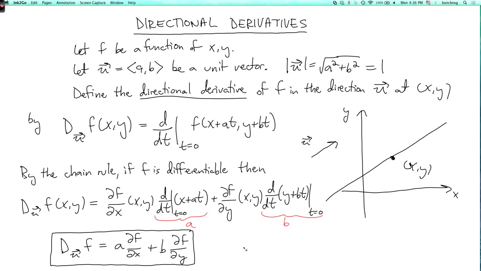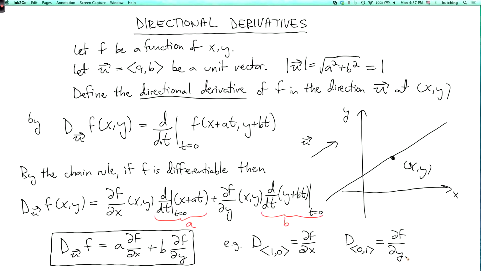So for example, if I take the directional derivative with respect to the vector 1, 0, so here a is equal to 1 and b is equal to 0, so I just get partial f partial x. And if I take the directional derivative in the direction 0, 1, well, here a is equal to 0 and b is equal to 1, so I get partial f partial y.